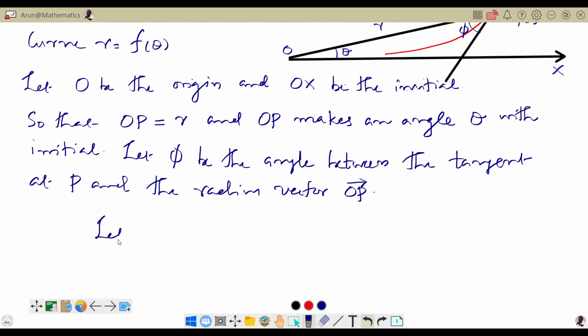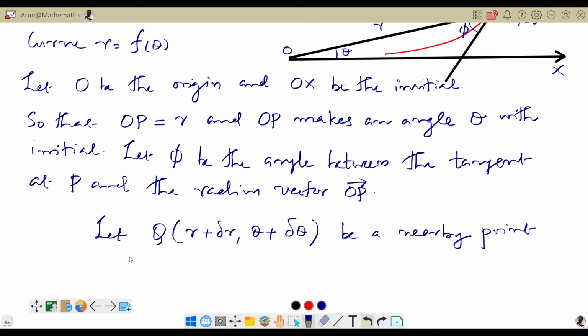Let Q(r plus delta r, theta plus delta theta) be a nearby point to P on r equal to f of theta. So you can mark it.